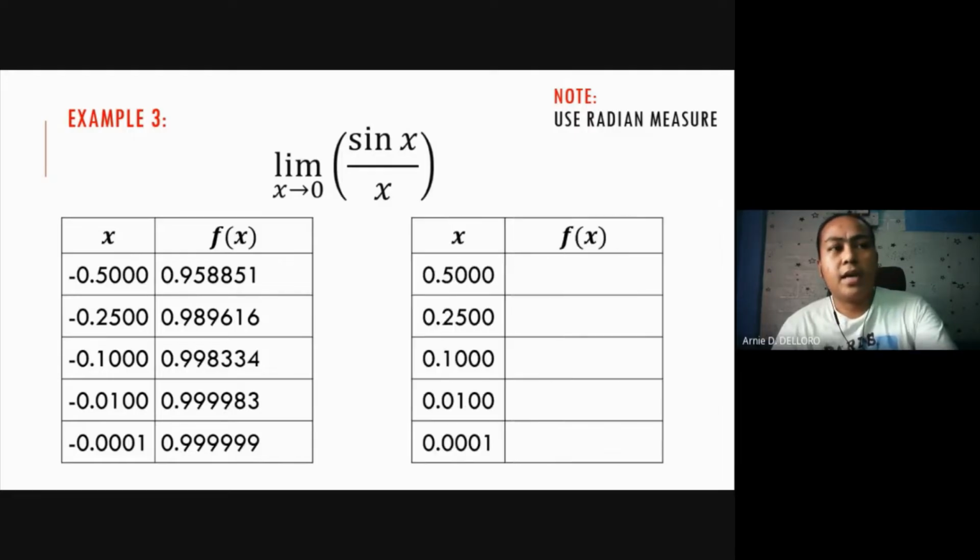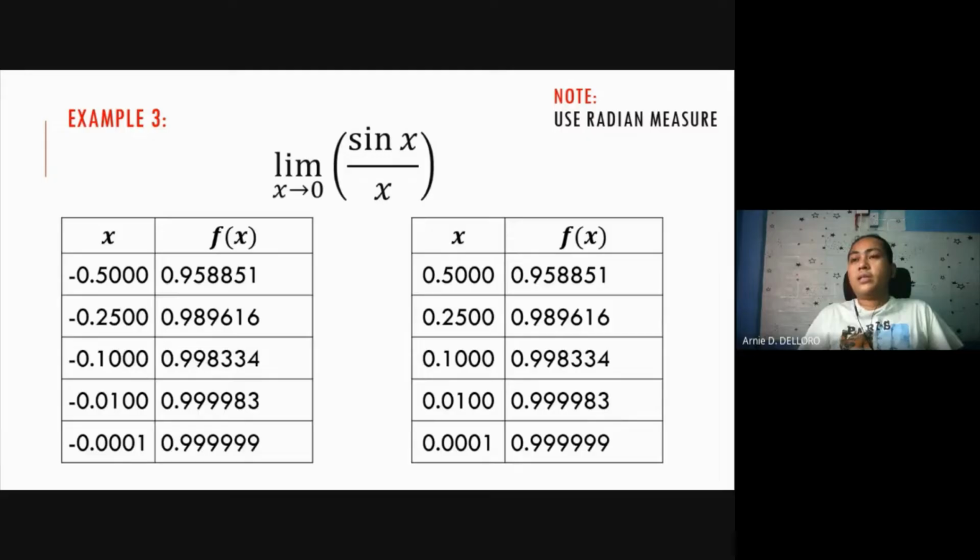Now, in this case, for the right-hand side limit, same value lang yung kinuha natin. Ang pagkakaiba lang is that the values of x here sa right-hand side are positive. Okay? So same lang yung value.